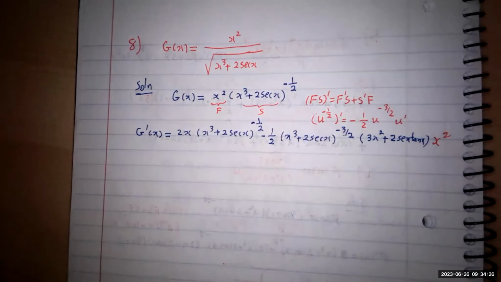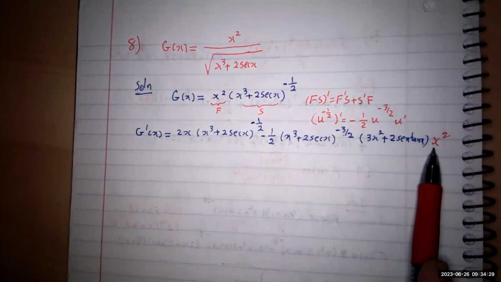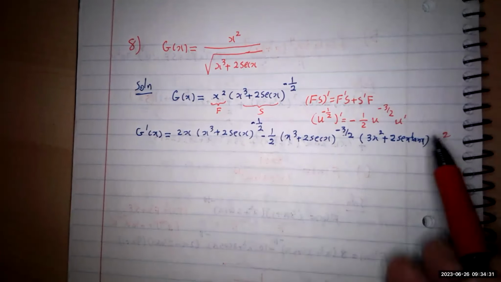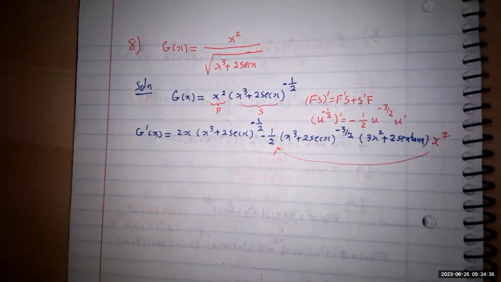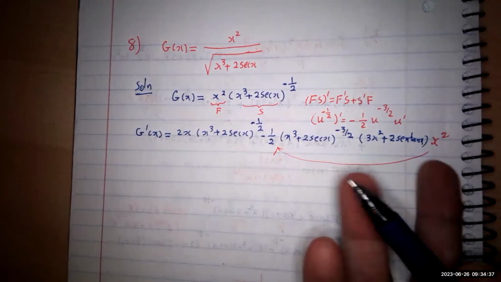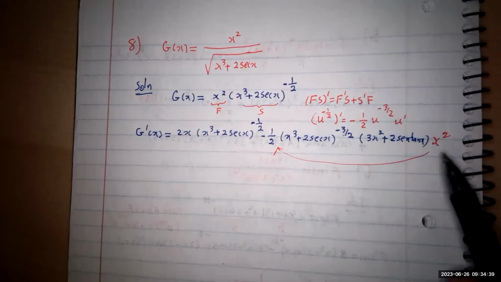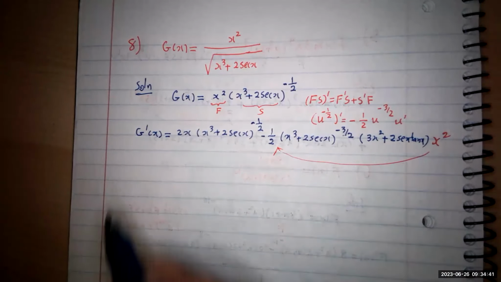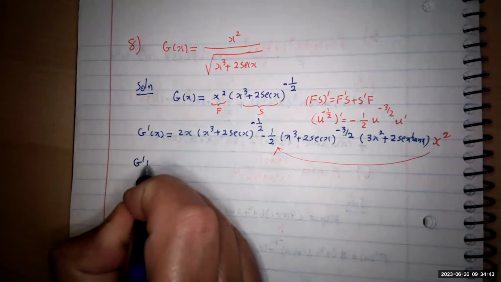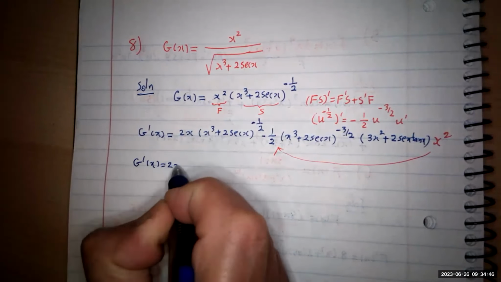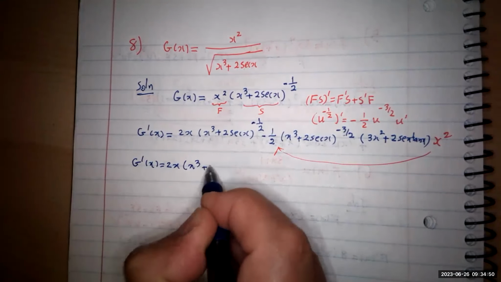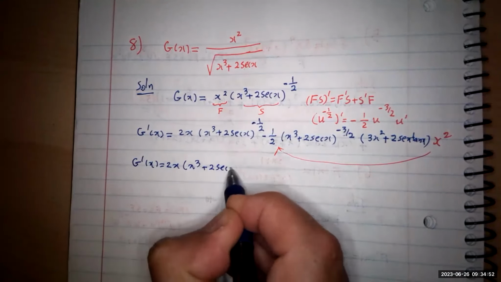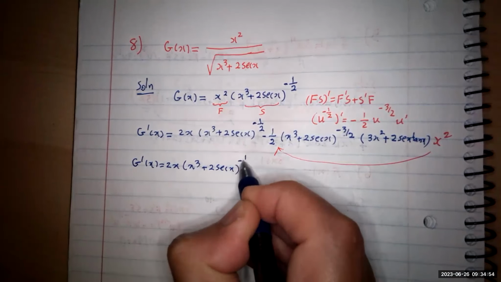Okay, take care of the monomial. We have the x squared left over here and the 1/2, so I had to move it here. It would be nice, but mathematically it's correct even if you write it this way, because there is nothing to be simplified. So g prime of x is going to be equal to the repeated 2x times (x cubed plus 2 secant of x) to the negative half.